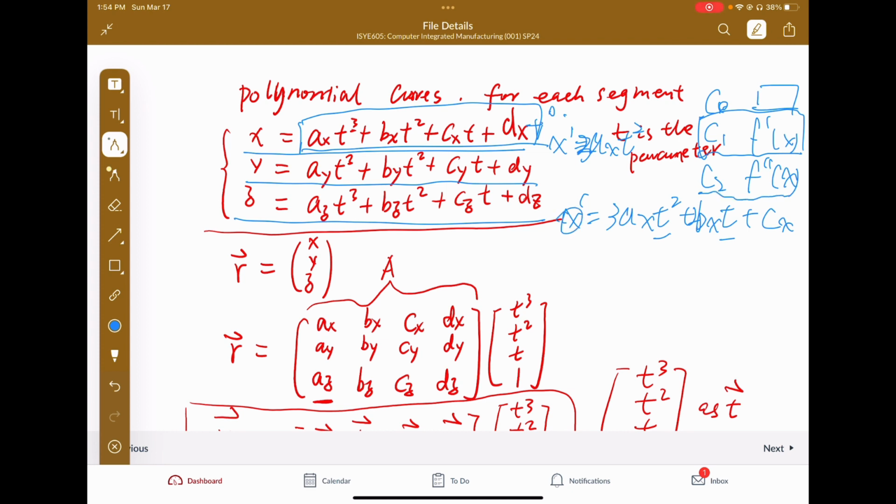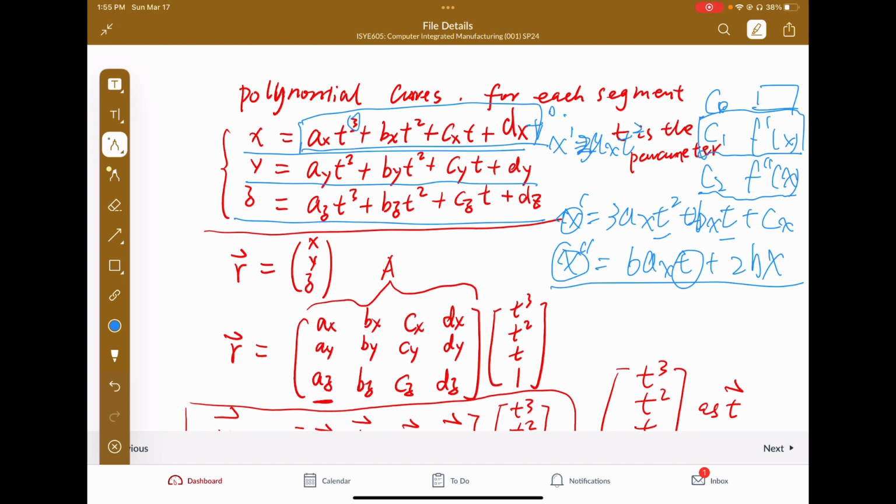We do C2, taking another derivative, and we have 6ax t plus bx. We still have a t component in it, so we can use t to control x. That means we can change the x values when t changes, so we have freedom to control x. That's the reason why we use a cubic.